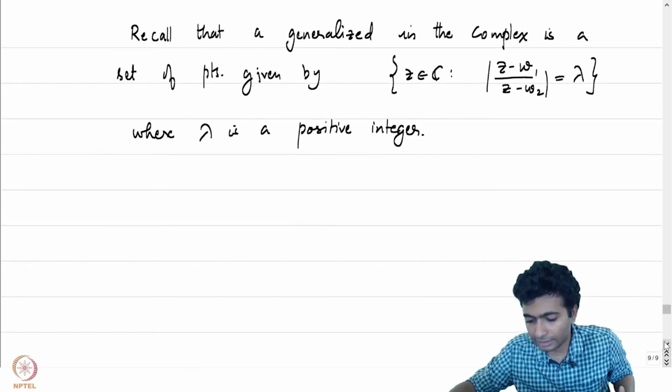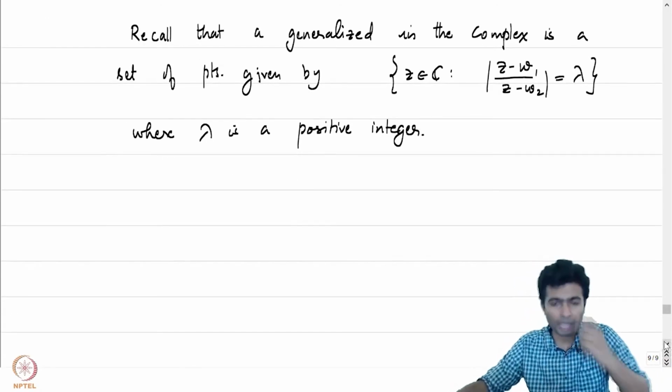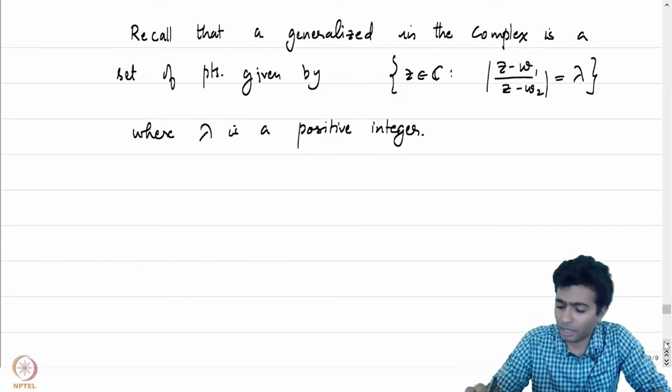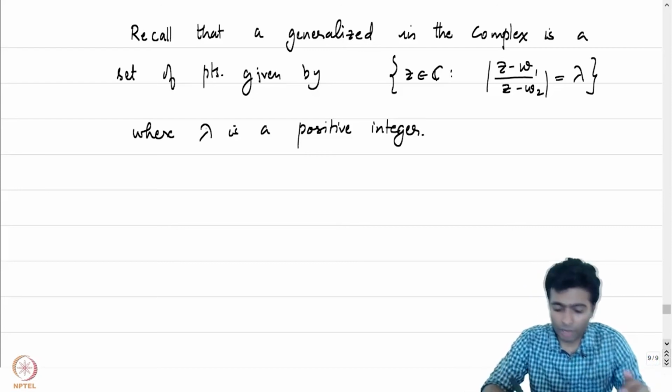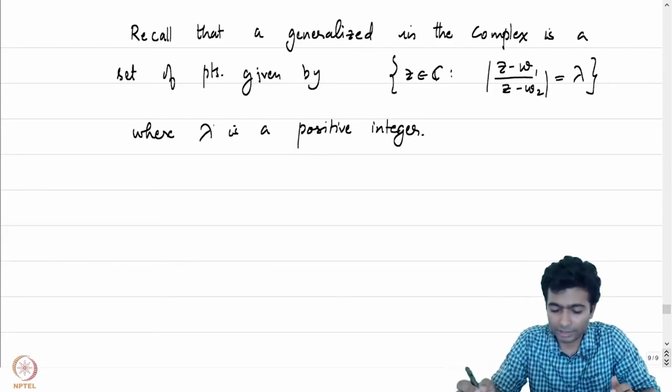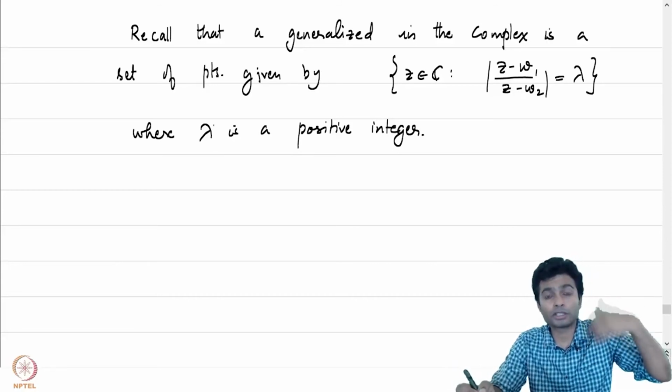We have seen that such a set will turn out to be either a circle or a straight line in the complex plane.